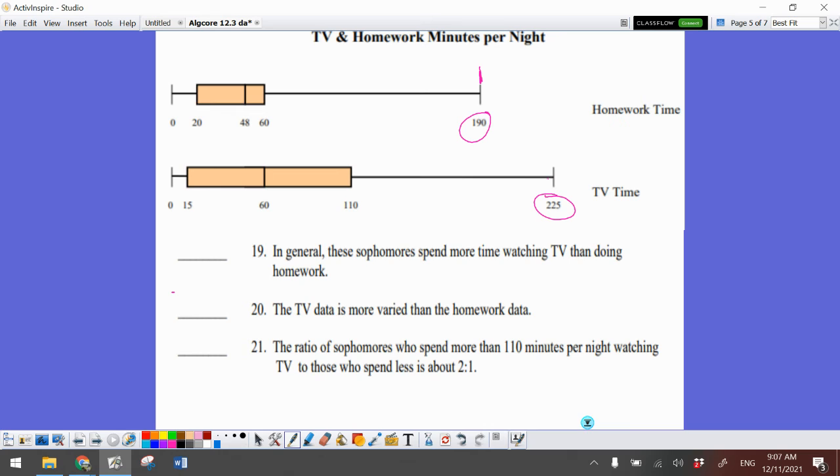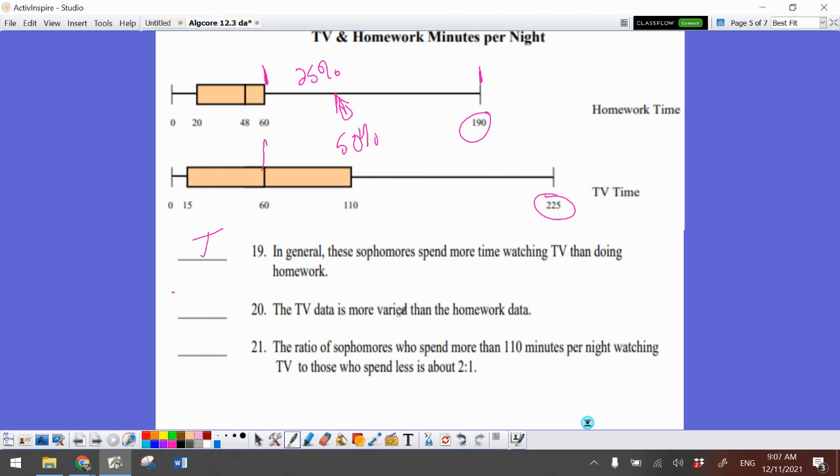Okay. That is true. And when we go back and look at our percentages, this is 25% of students more than 60. This is 50% more than 60. Definitely, there's 25% more kids spending more time on TV than on homework, just from this data right here. So that would be true.